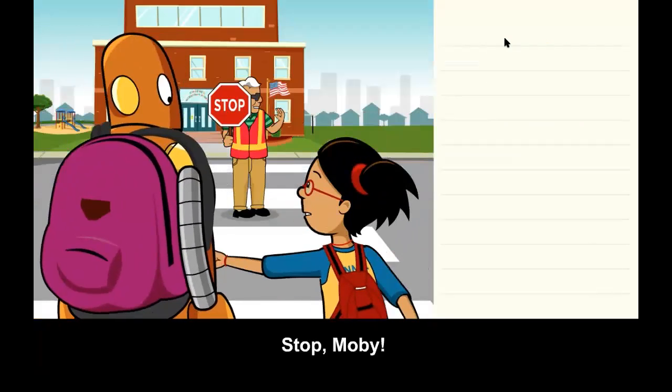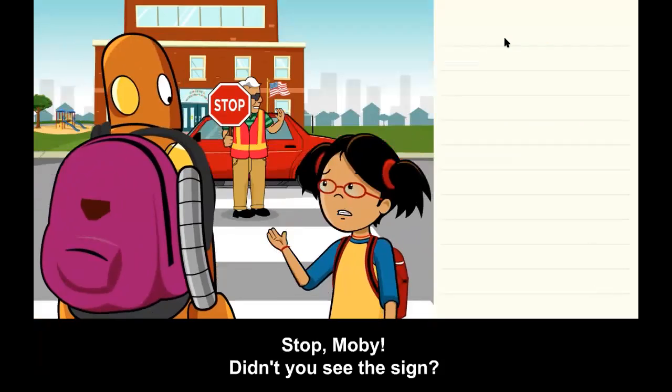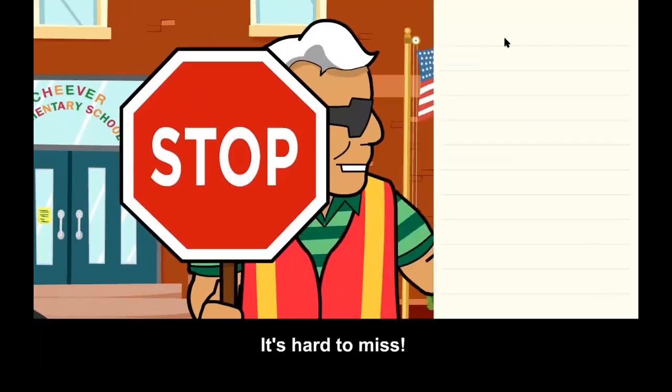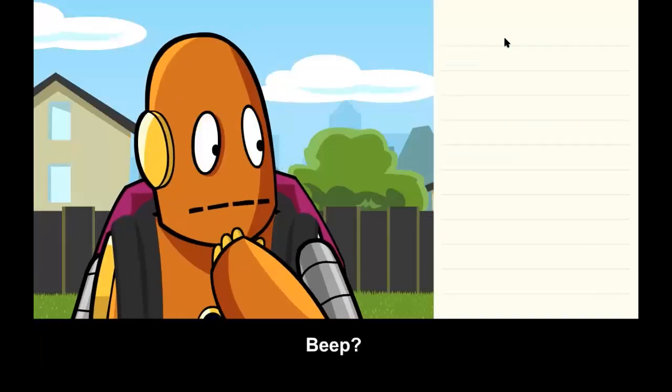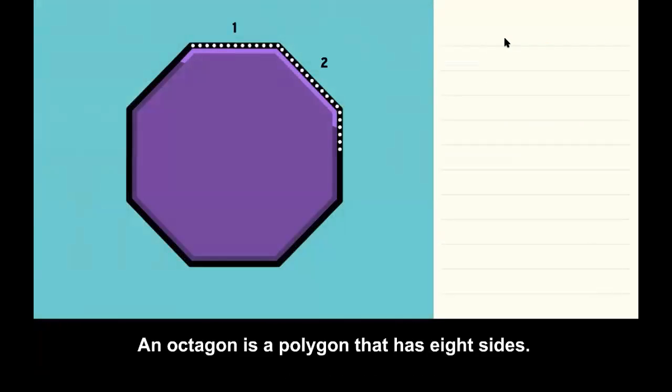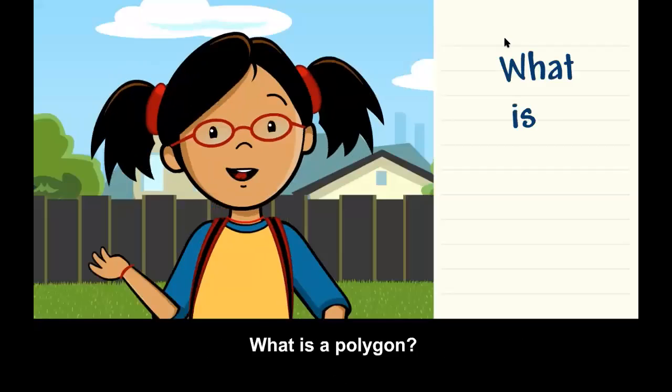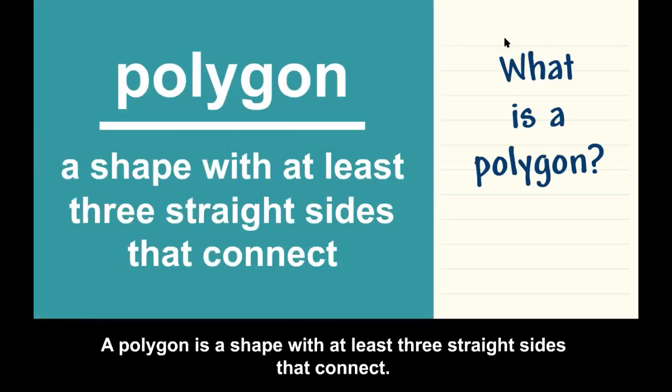Stop, Moby! Didn't you see the sign? It's hard to miss. It's a bright red octagon. An octagon is a polygon that has 8 sides. What is a polygon? A polygon is a shape with at least 3 straight sides that connect.